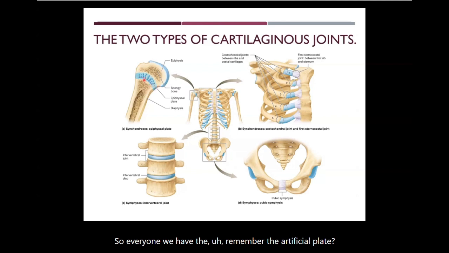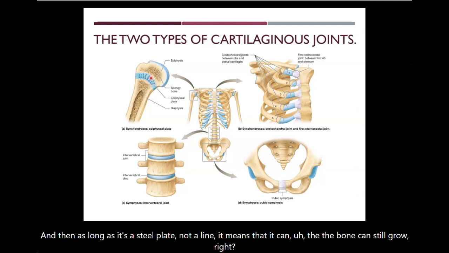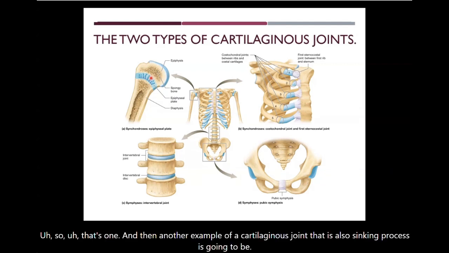So everyone, remember the epiphyseal plate, right? Remember I said that's made up of cartilaginous tissues, right? And as long as it's still a plate, not a line, it means that the bone can still grow, right? That's one.